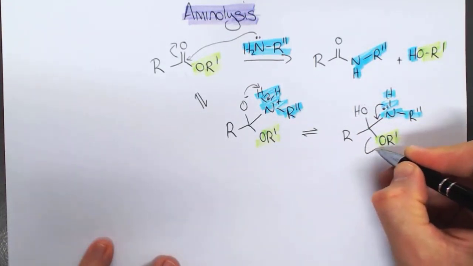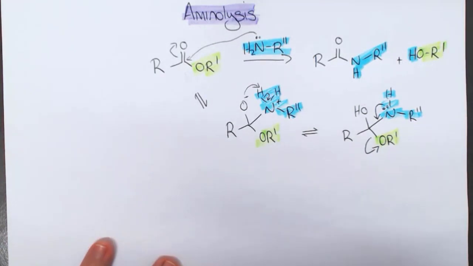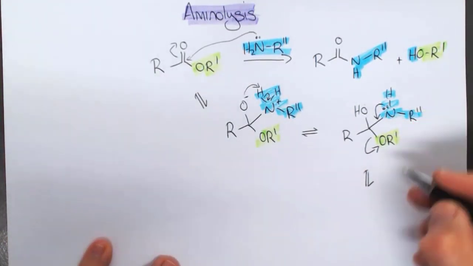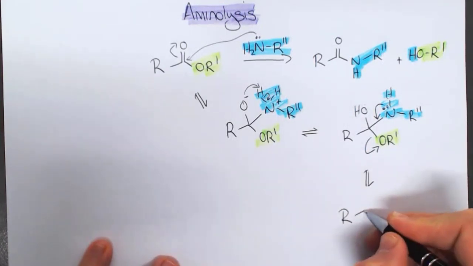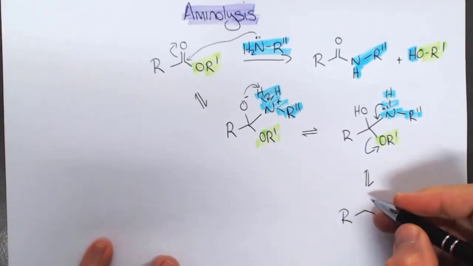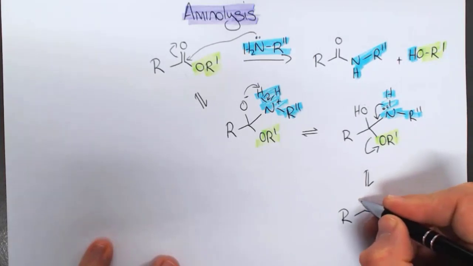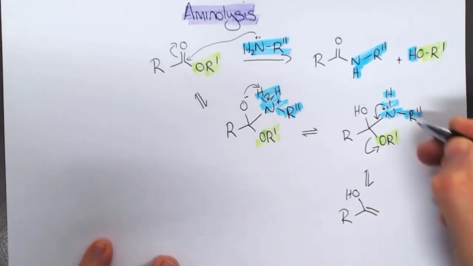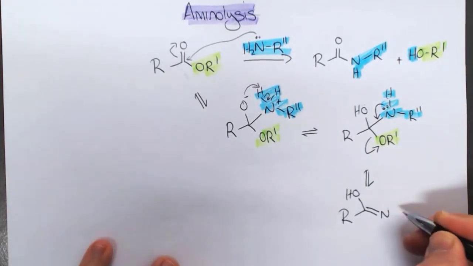So what actually happens is we're going to kick out the ester, and that ends up giving us the OH, which is still there. We made a double bond now to the nitrogen.